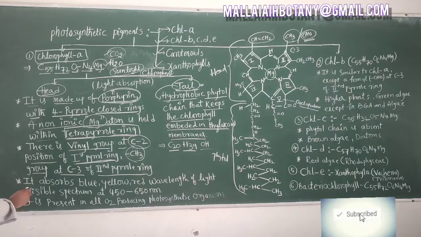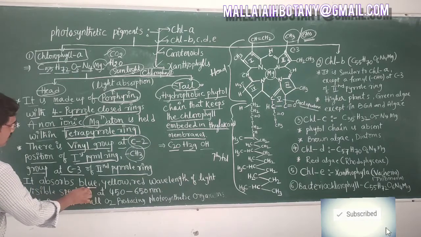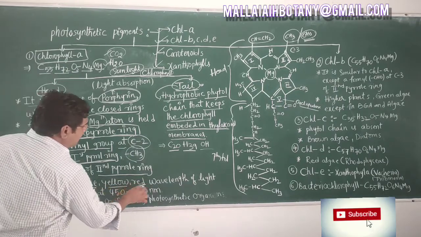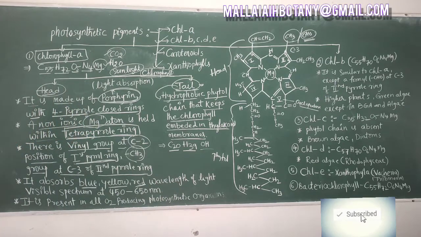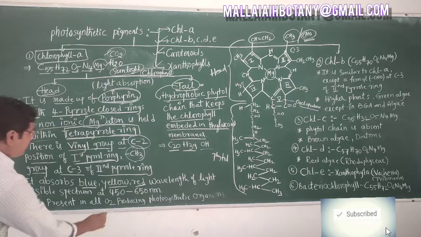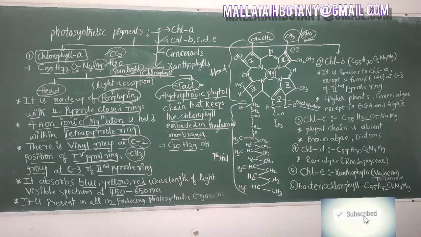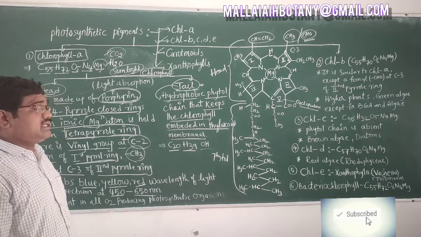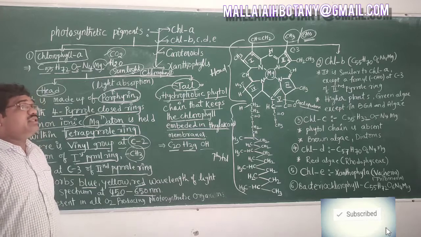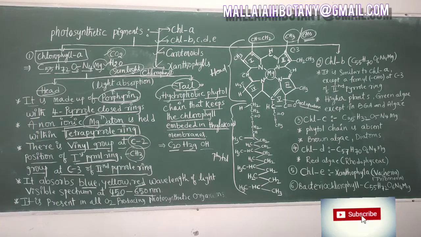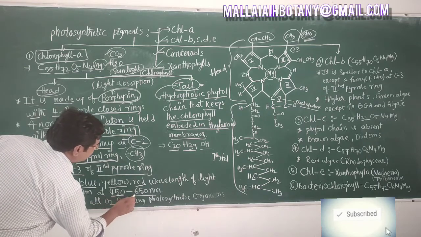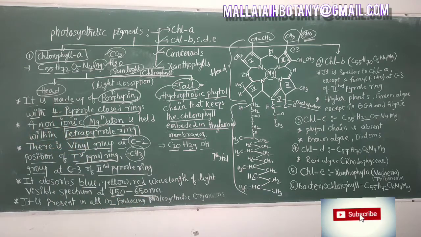Next, chlorophyll A absorbs blue, yellow, red wavelengths of light in the visible spectrum at 450 to 650 nanometers. Now, what is the main function of chlorophyll A? Chlorophyll A absorbs light from the atmosphere at the specific wavelength of 450 to 650 nanometers in the visible spectrum.